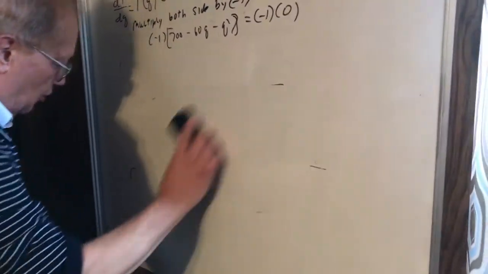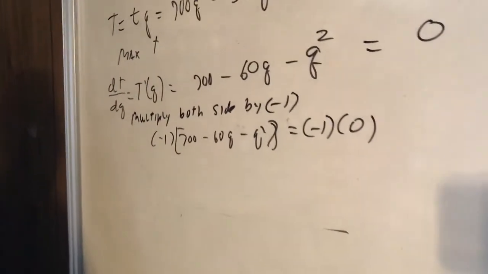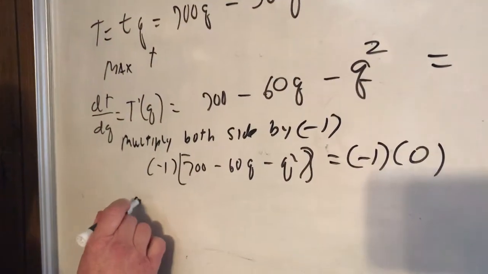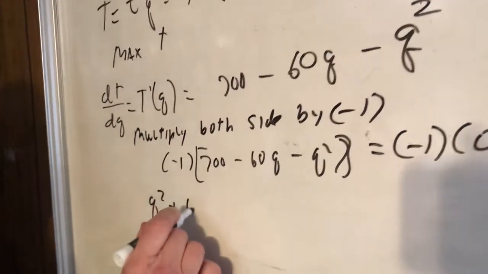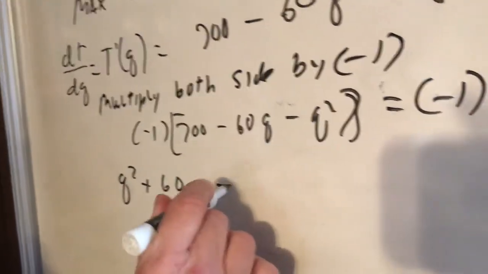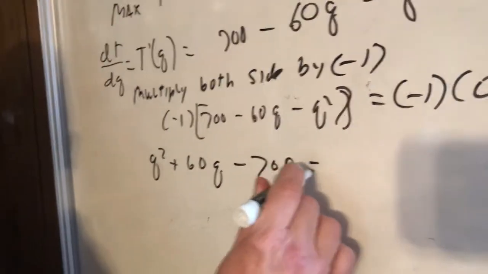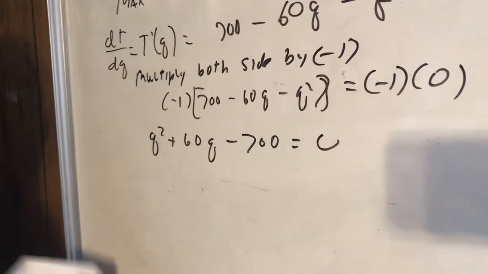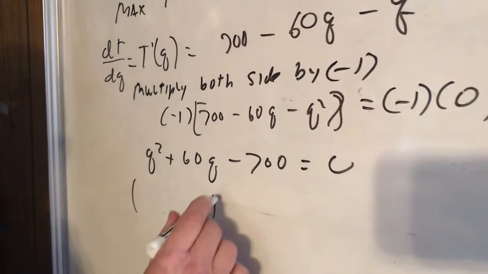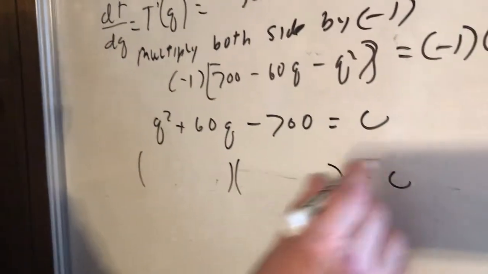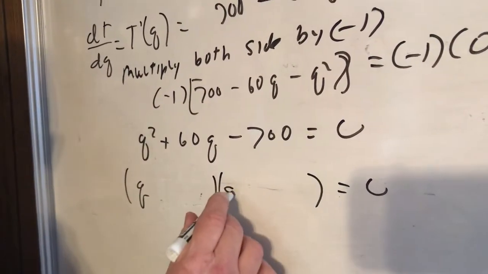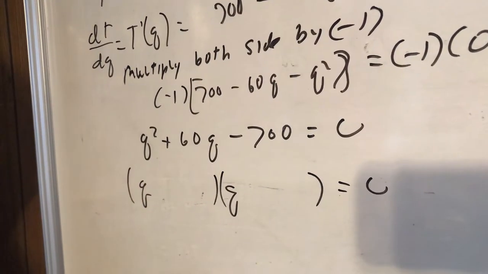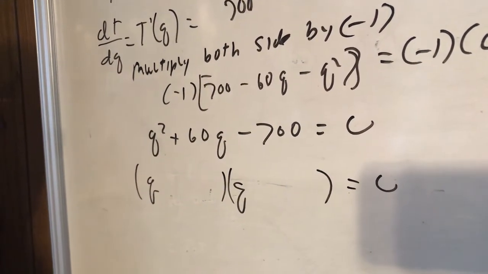And this is going to give me Q squared plus 60Q minus 700 equals 0. Now what I can do with this is just do a reverse FOIL. And you're going to get Q, and you're going to get the 70 and 10.